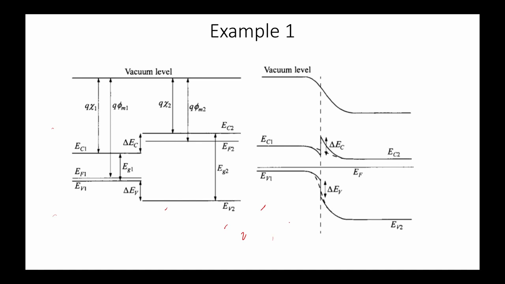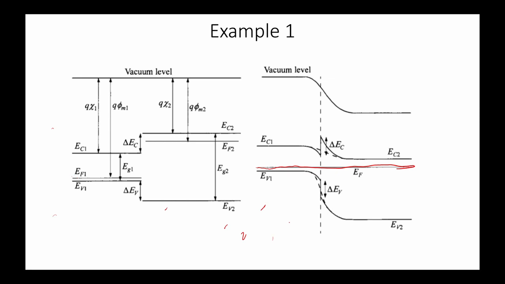So the first rule is, whenever we join these two, the Fermi levels should align, the Fermi level should be constant, and accordingly the vacuum level, the conduction band and the valence band will shift.